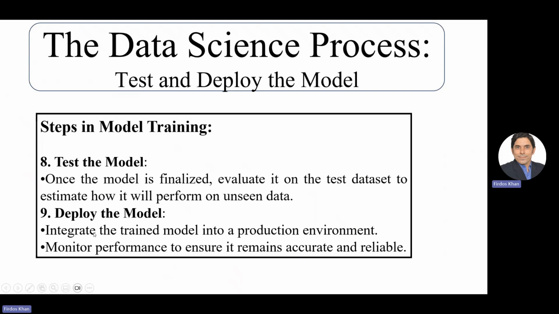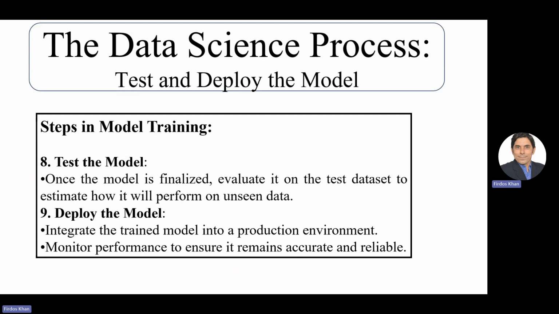Deploy the model: integrate the trained model into a production environment. So now you have the trained model, you have trained it with the training data, and then evaluated the model, so you need now to proceed further. What are the objectives of your study?